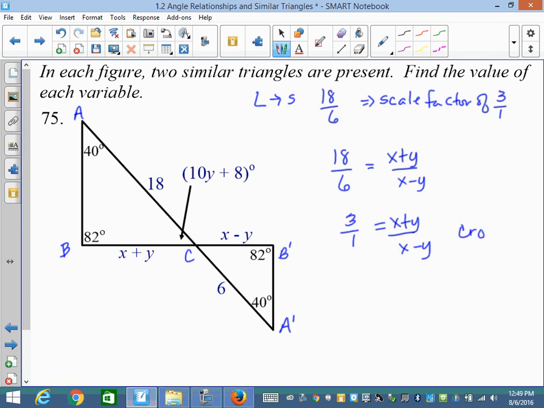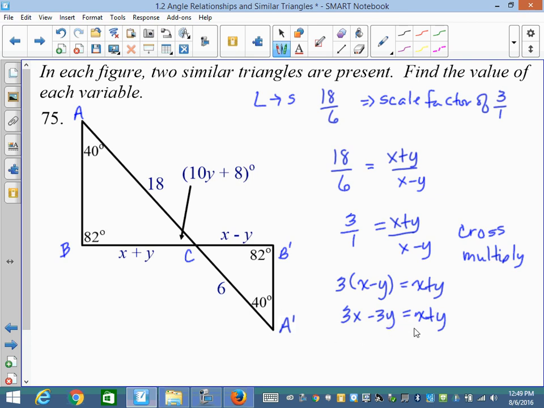Cross multiply. And we get 3 times x minus y equals x plus y. So 3x minus 3y must equal x plus y. Now we move the x's to one side, the y's to the other side.